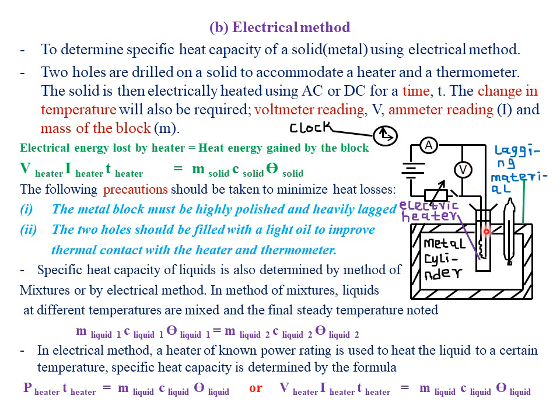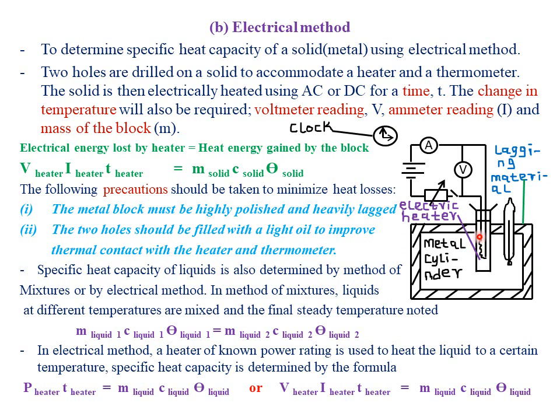We also need a heater to supply the heat, which has its rating. Then we need a thermometer for detecting any temperature changes. The solid is usually placed in a lagging material, whose purpose is to minimize any heat losses to the immediate environment.